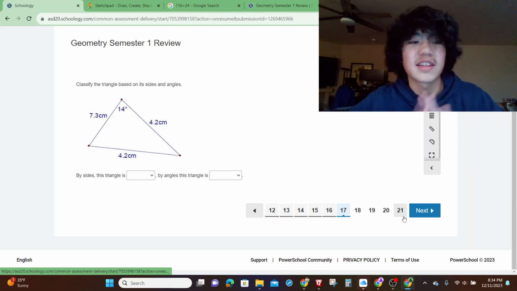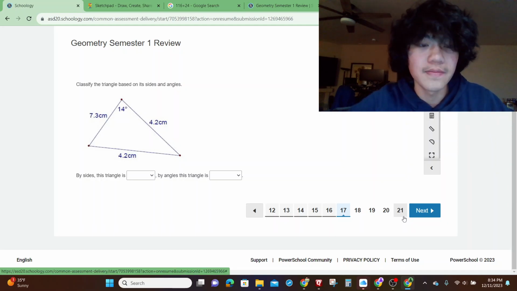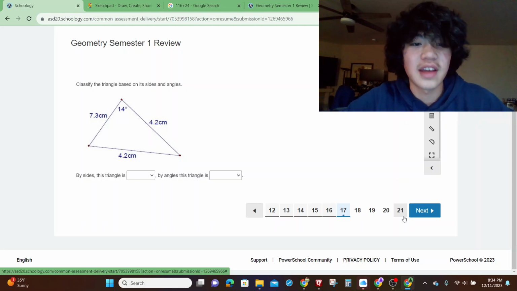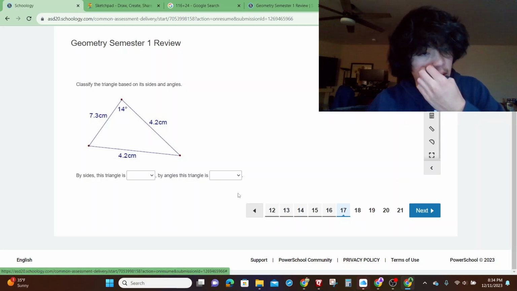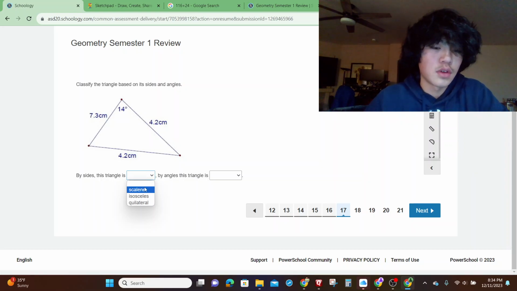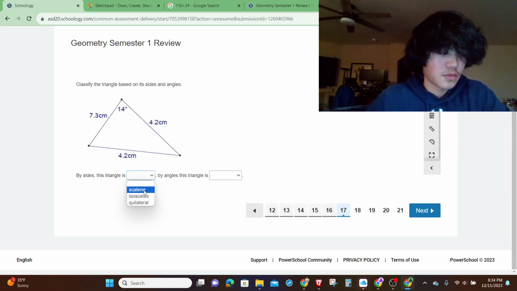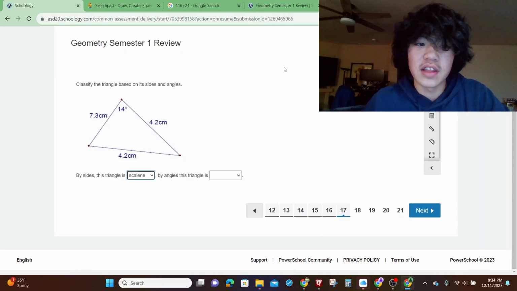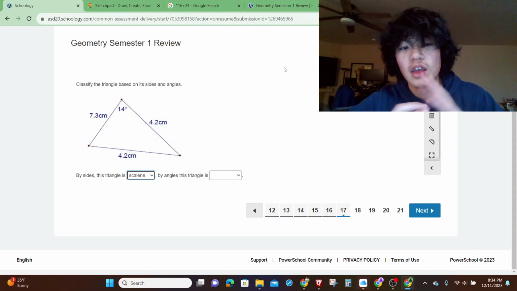So this one asks us to classify the triangle based on its sides and angles. So by sides, this triangle is scalene. I believe it's scalene. Scalene has two sides that are the same and then one different side.